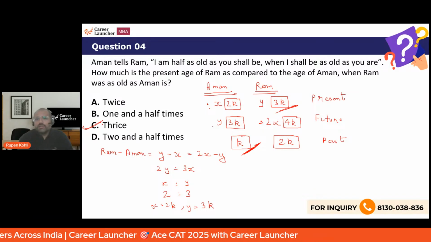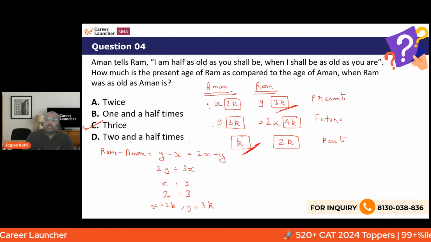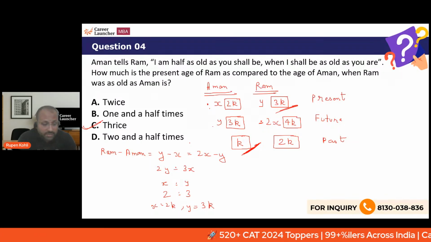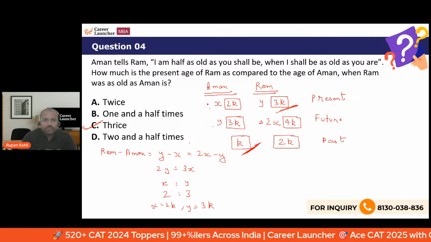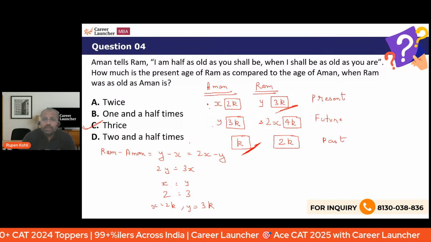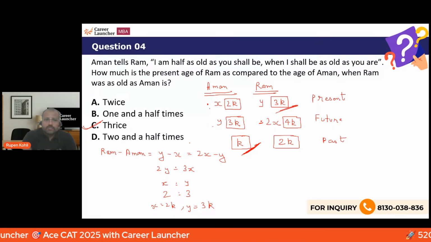How much is the present age of Ram? 3k as compared to the age of Aman, which is k, when Ram was as old as Aman is. Wonderful. No numbers involved, but pure interpretation skills were required. We were only working with ratios. Perfect.